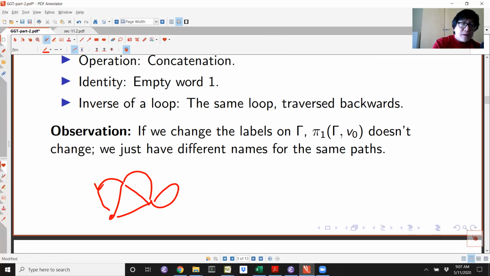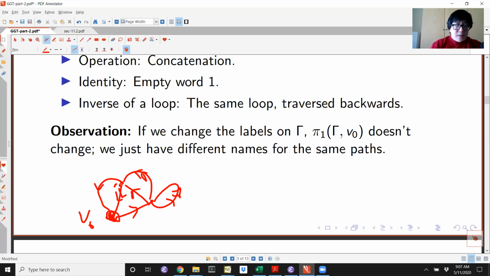If I label this with a certain set of alphabets, say one letter is called... I guess I needed 3 there. So there's your v sub 0, and the fundamental group of this graph is, remember, the group of all loops starting and ending at the base point.